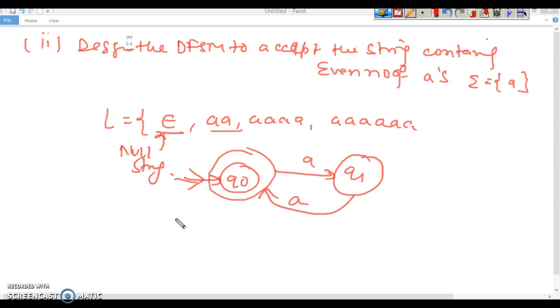Consider if you give 6 A's: you start here, 1, 2, 3, 4, 5 and 6 is accepted. If you give 5 A's, it should not be accepted, because this machine is designed for an even number of A's. If you give an odd number of A's, it should not be accepted. So if you give 1, 2, 3, 4 and 5, 5 is not accepted. This means this machine only accepts an even number of A's.